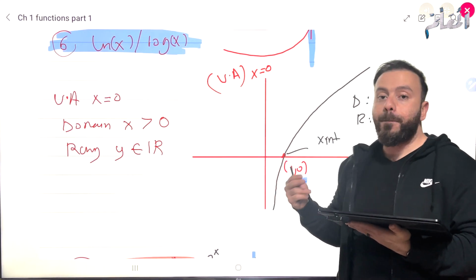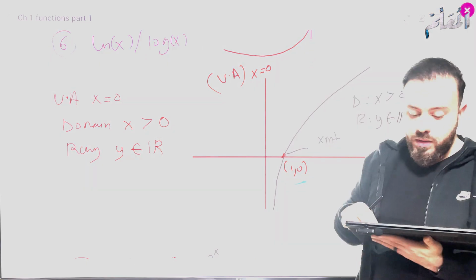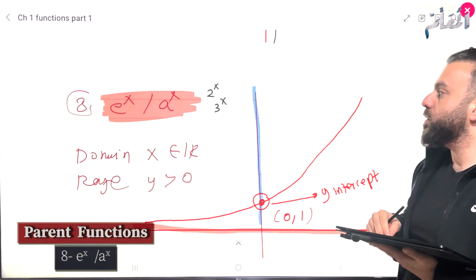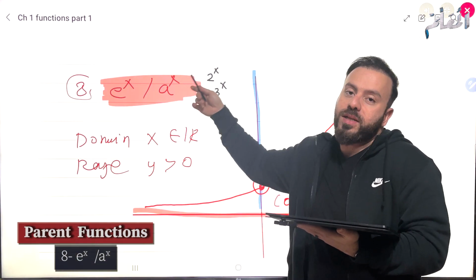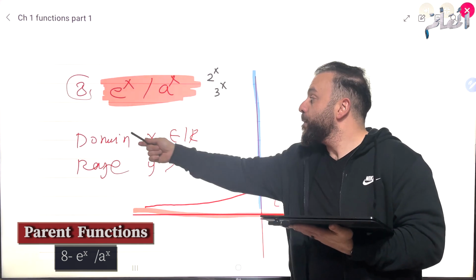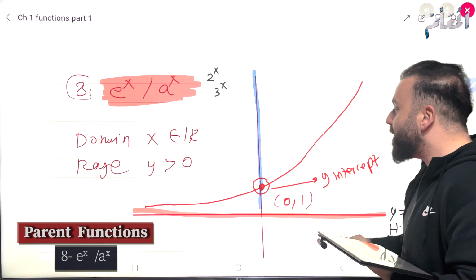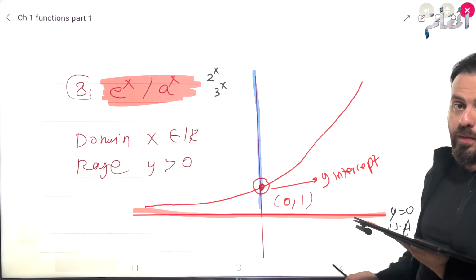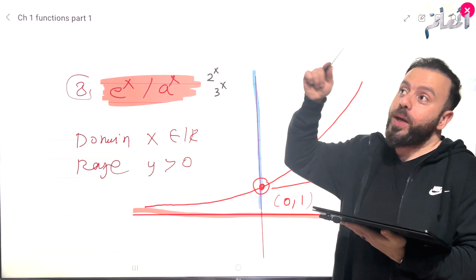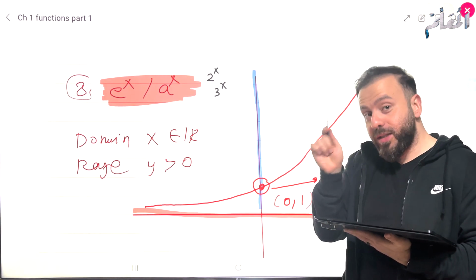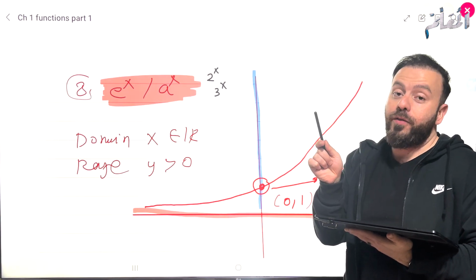This function is the inverse of what? Of this function, which is the exponential. We have the exponential e power x and a power x, as an example 2 power x, 3 power x. This function has a horizontal asymptote y equals 0. And the log, remember, has x equals 0 as a vertical asymptote.